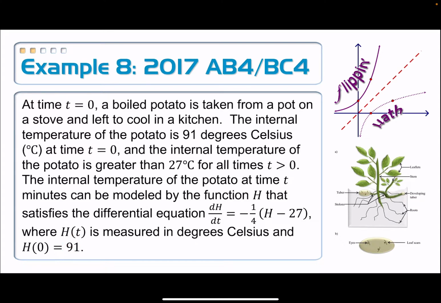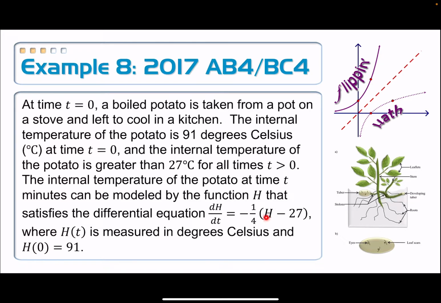Anyway, we haven't studied differential equations yet, but we have taken derivatives of functions, especially with implicit equations, and they're just going to give us the rate at which something is changing. In this case, if h of t is measuring the internal temperature of the potato, then this differential equation will measure the rate at which that temperature is changing at any particular time.